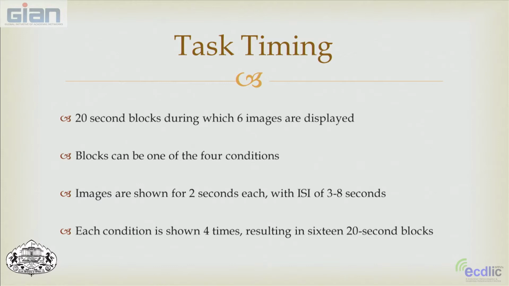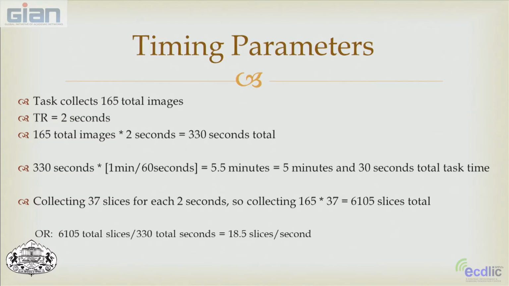And throughout the duration of a run of this, each condition is shown 4 times. So they see 16 20-second blocks during this experiment. And during this time, 165 time points are collected. So a slice of the brain from top to bottom is collected 165 times.